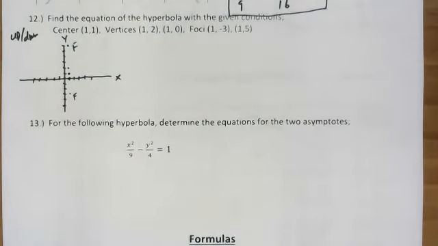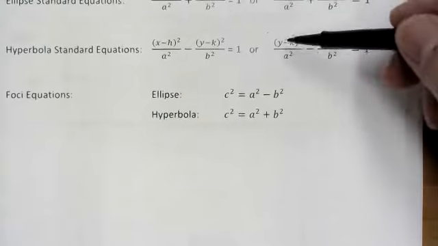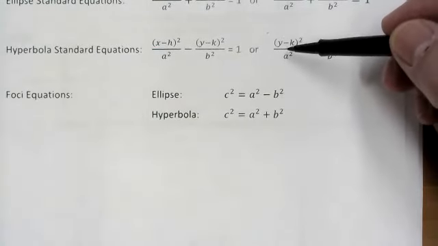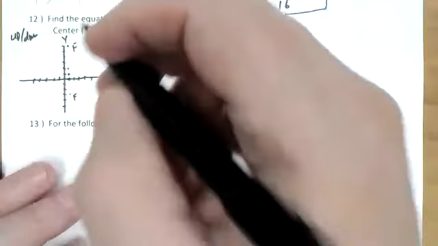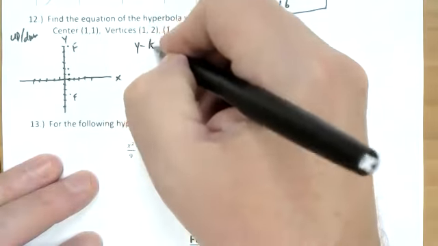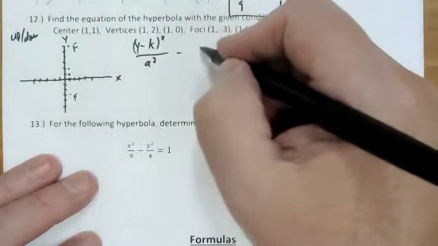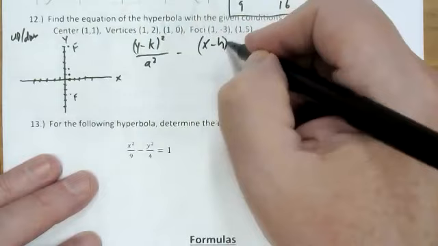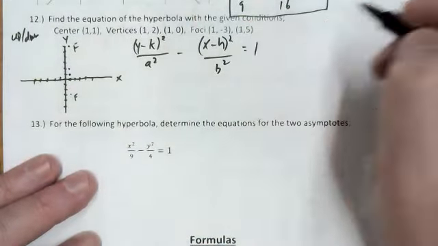So if this is an up or down hyperbola, this is the equation here. The y is positive. So this is my equation. It's going to be y minus k squared over a squared minus x minus h squared over b squared equals 1.